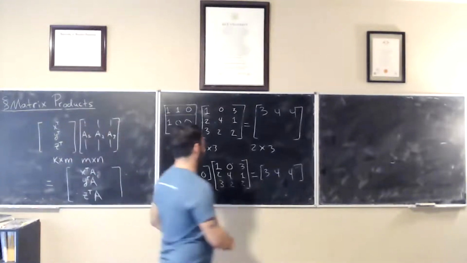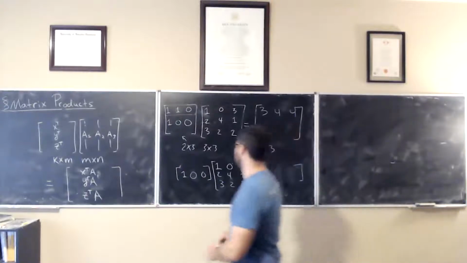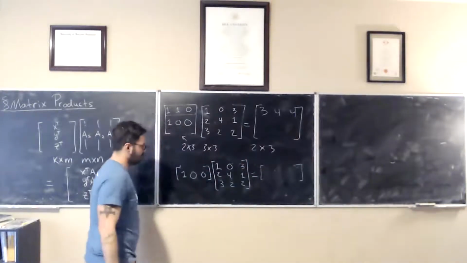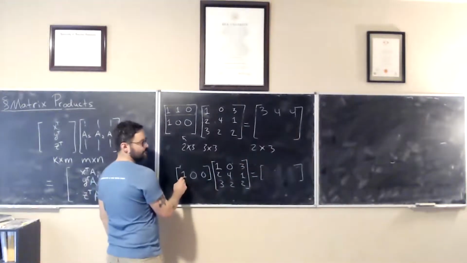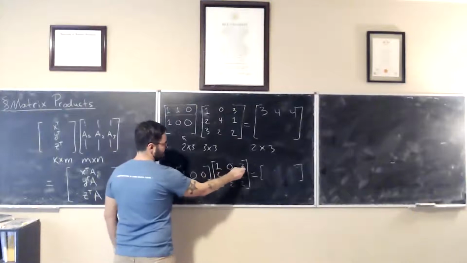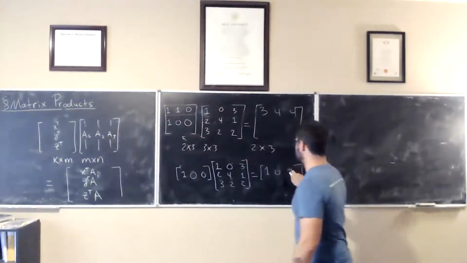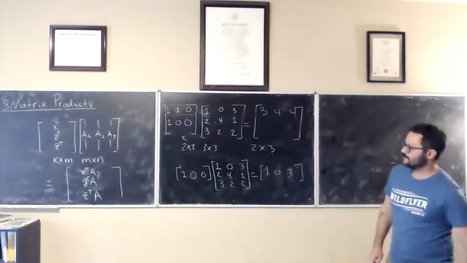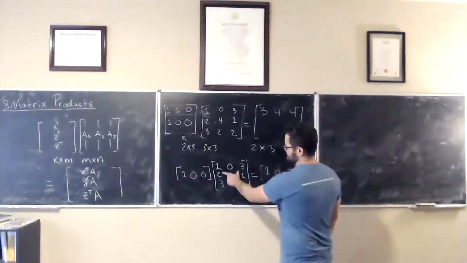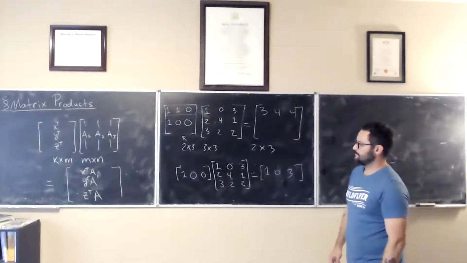It's going to now only select what from each of the columns? Top row. It's just one of that one. It's just selecting those, that's all it's doing. It's going to be 1, 0, 3. It grabbed that row.